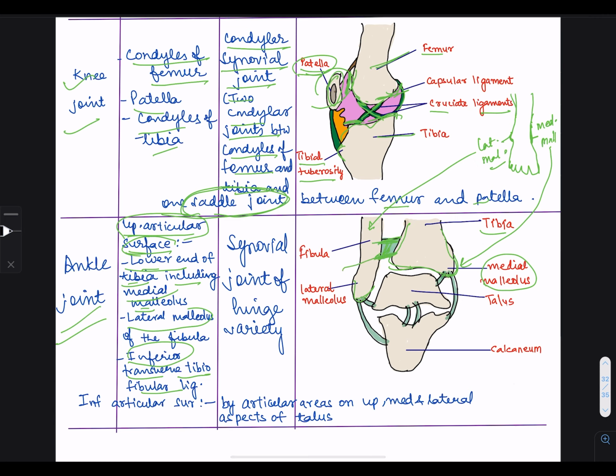The inferior articular surface is mainly formed by this bone known as talus, which is a tarsal bone, by the articular areas on the upper, medial and lateral aspects of talus. The bone is just one, and the lateral, medial and upper aspects of the talus bone will constitute the inferior articular surface of the ankle joint.